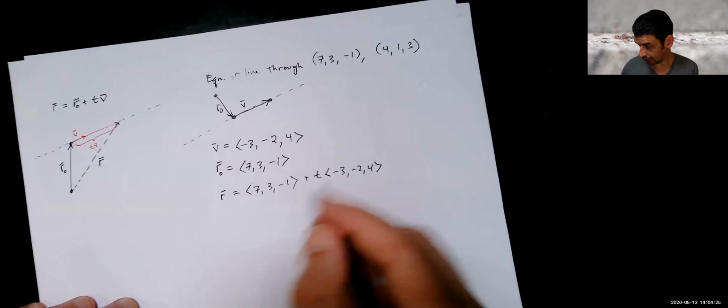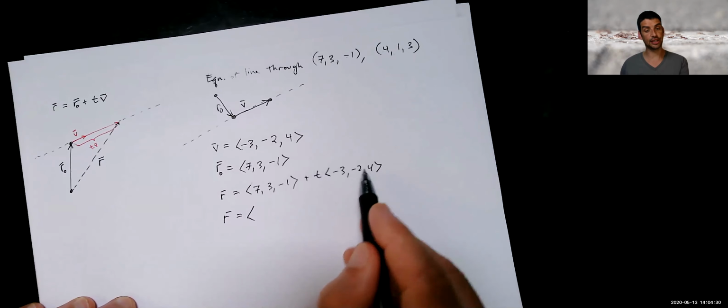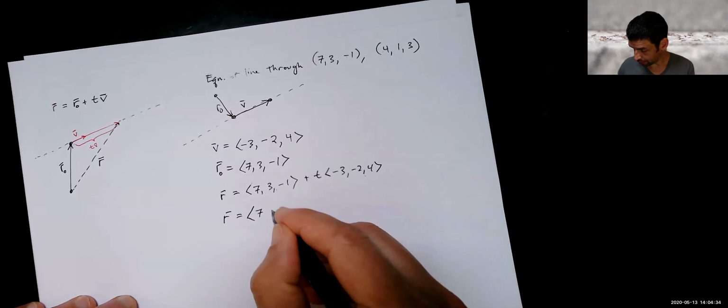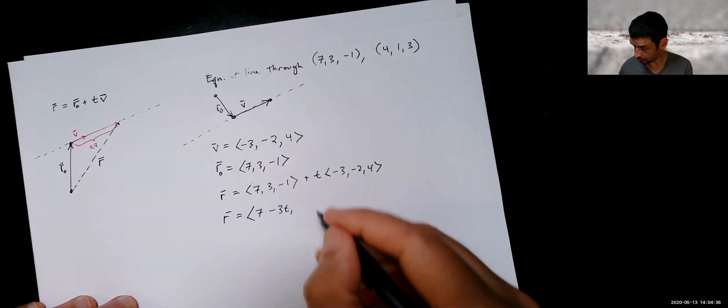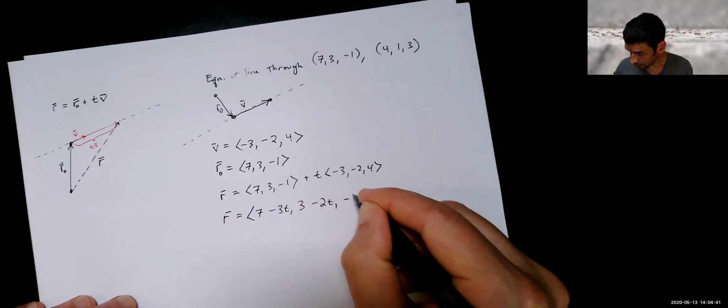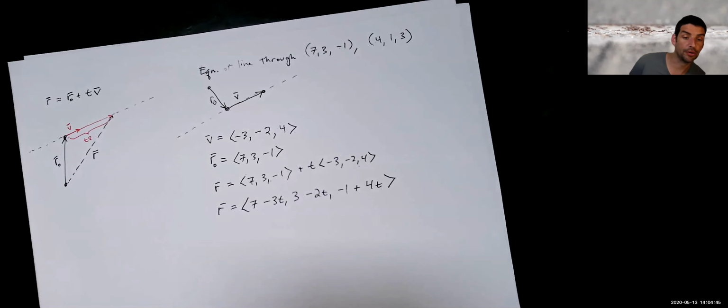Okay, and if we want to write it a little differently, I can multiply the scalar in here, and then I can add these 2 vectors together, and I get 7 minus 3t, 3 minus 2t, -1 plus 4t. So there's a component form for this vector equation.